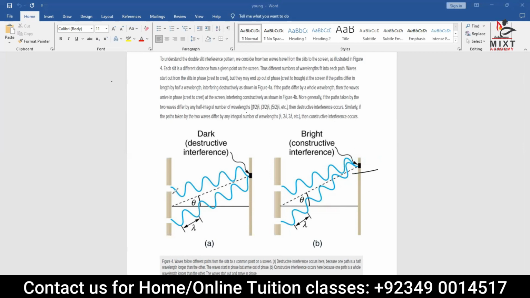Here, trough will fall on crest and crest will fall on trough. So at this point, when there is interference, this is a destructive interference, or in other words, dark color is obtained. While here, your crest will fall on crest and trough will fall on trough. So what you will get is bright interference, or you can say bright color is achieved.